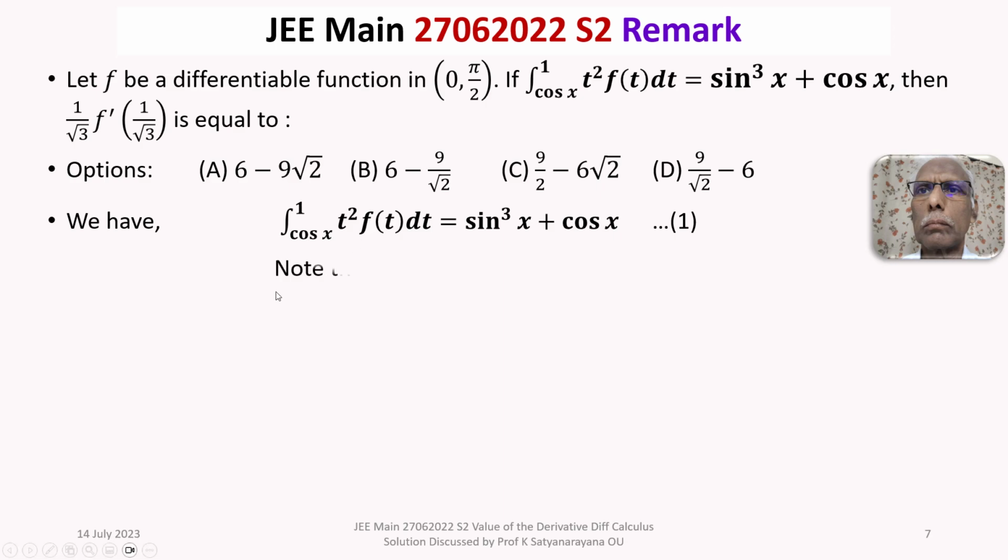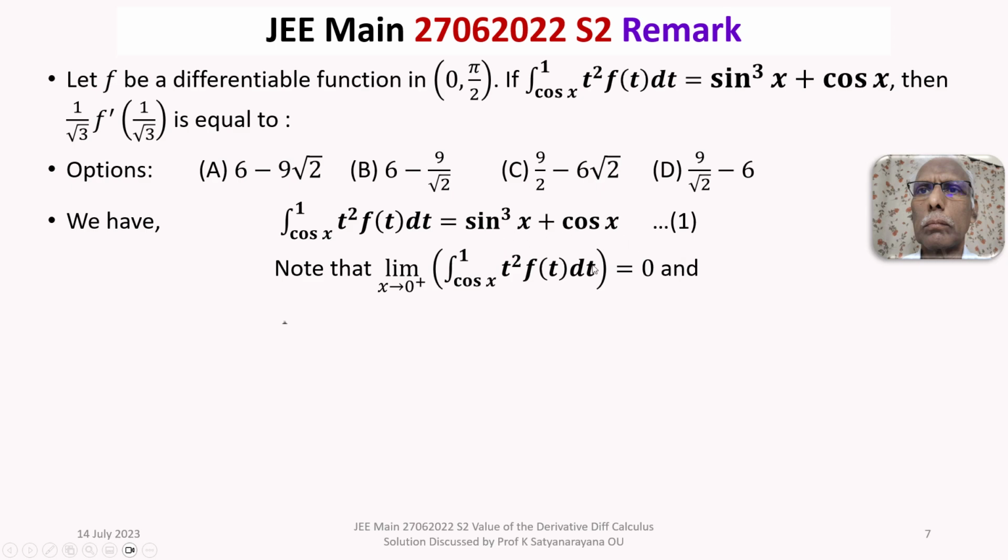So note the limit as x tends to 0 plus, that means x is tending to 0 from the right, of the left hand side of this equation 1, that is the integral cos x to 1 t square f t dt. If we take the limit, it will be from 1 to 1 only, integral 1 to 1 only, and thereby the answer is 0. Agreed.